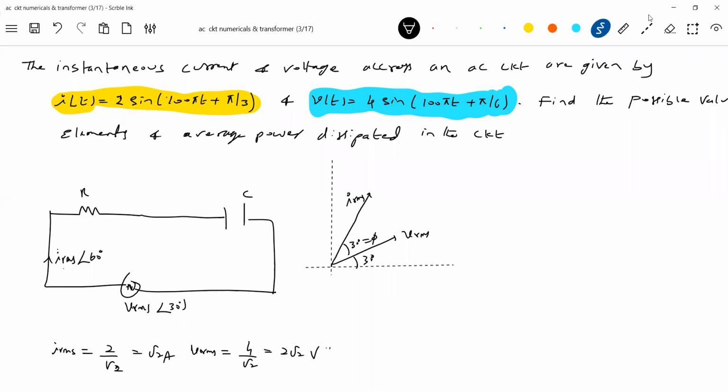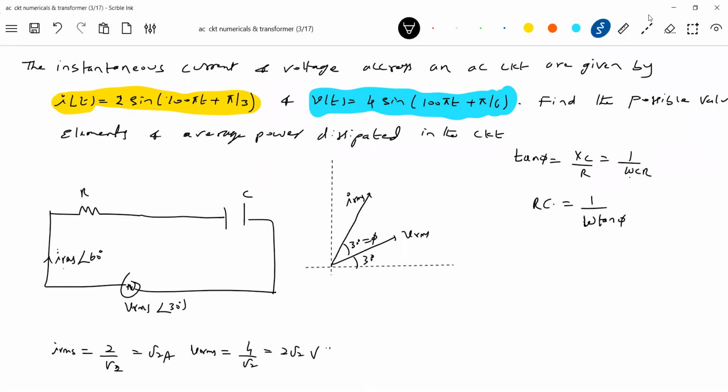Now let's come to it. We know the phase angle. So from the phase angle, what can you write? Tan phi is equal to (XL minus XC) by R. We know omega, so we'll get the value of RC is equal to 1 by omega tan phi. This is one thing. Next, after this, we need one more equation.